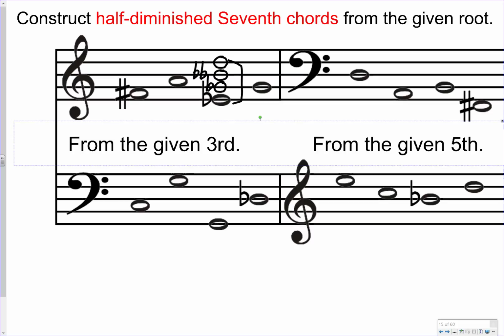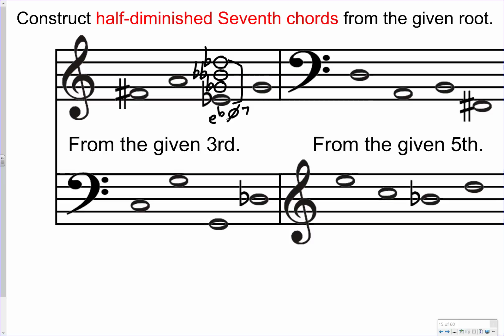So to make it a minor 7th, I have to contract it by adding a flat sign. And we have just created the E flat half-diminished 7th.